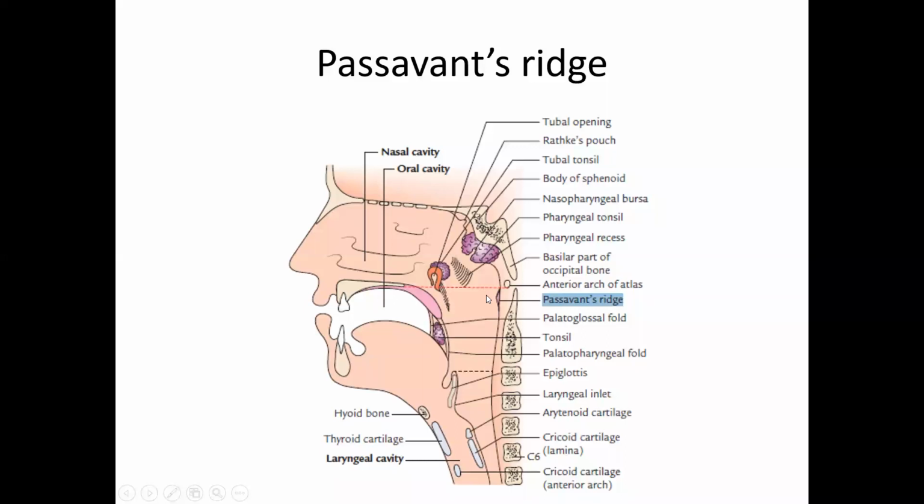This effectively seals, when it contracts, the oropharynx from the nasopharynx. Along with the raising of the soft palate, the seal is complete. So no food or milk can enter the nasopharyngeal space.